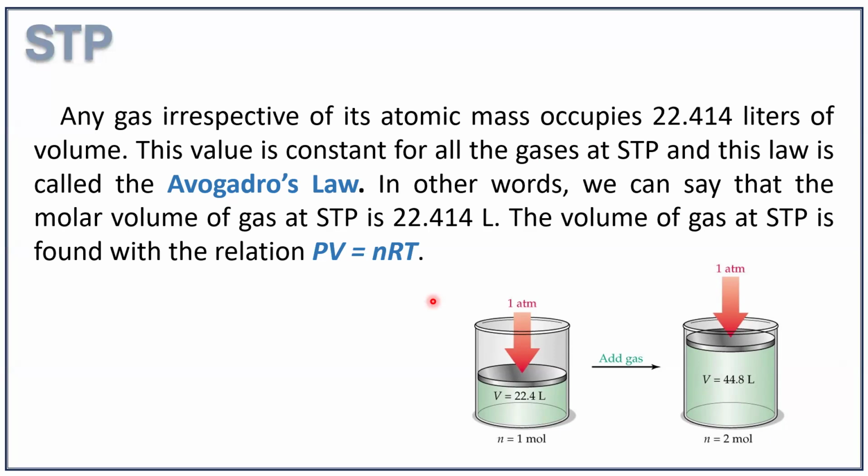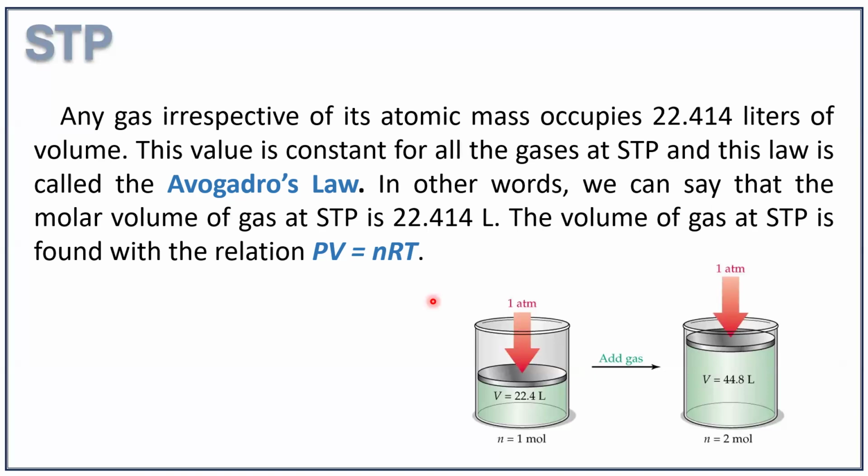You can take any gas, whether it is oxygen, hydrogen, nitrogen, chlorine. If it is 1 mole and the condition is STP, that is 0 degrees Celsius and 1 atmosphere, each of these gases will be occupying the same volume, which is 22.414 liters.